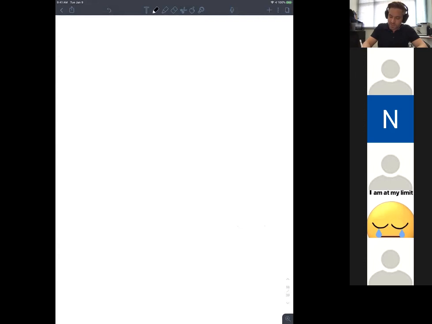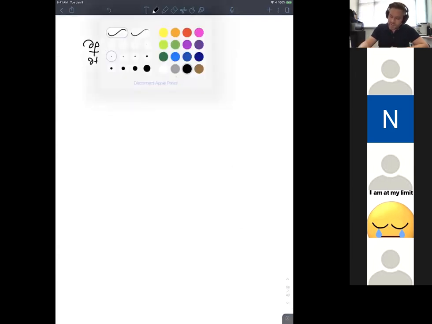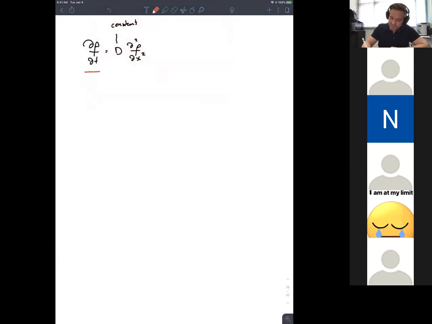Now, let's talk a little bit more about what this thing means. Let me again just write it down in one dimension. What does this mean? Again, this is just a constant, so who cares about that? The left side of the equation, d rho dt, is a rate.